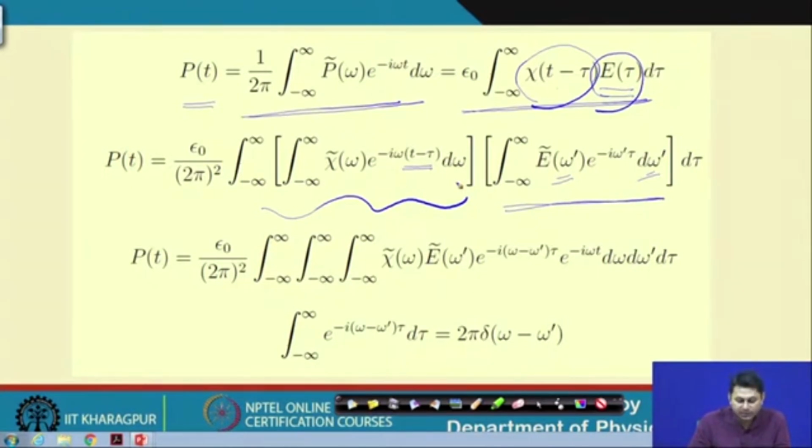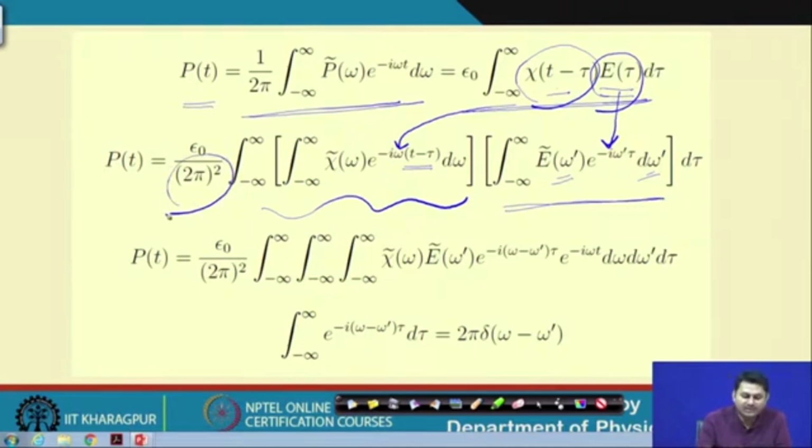But it is essential that when you have two quantities multiplied inside the integration, if you use one index omega, then the other should use a different one, that is omega prime. So, I just put the Fourier transform components here and here, the entire thing is the same, and because of these two Fourier transforms, I have a 1 by 2 pi term for both cases; that is why a 1 by 2 pi squared term is coming.